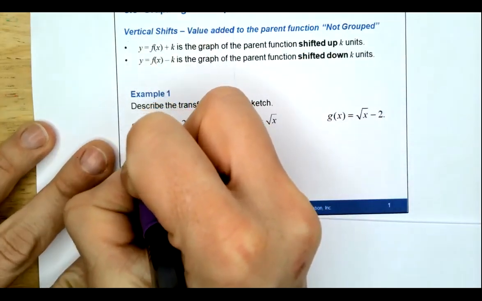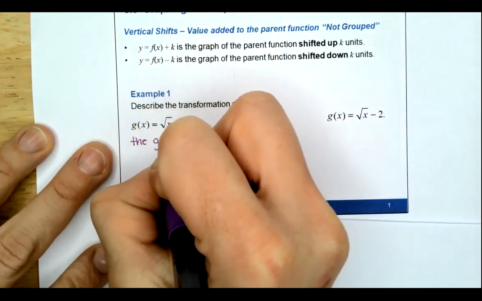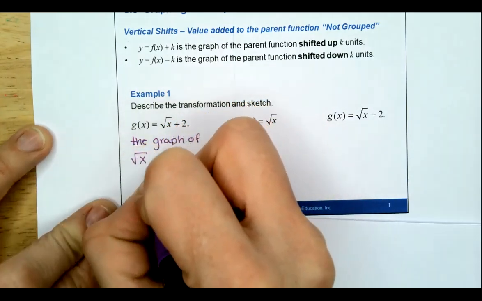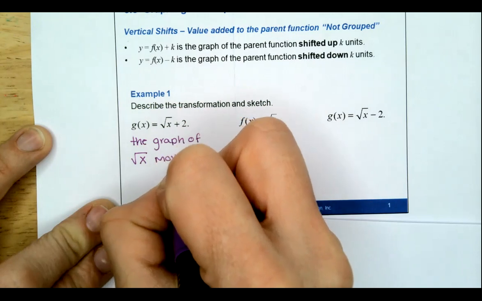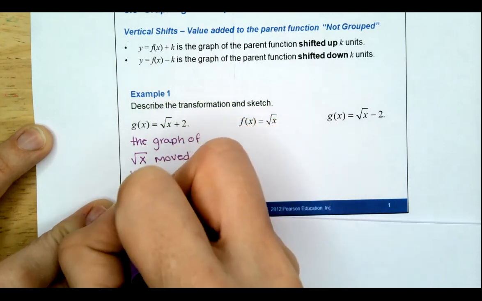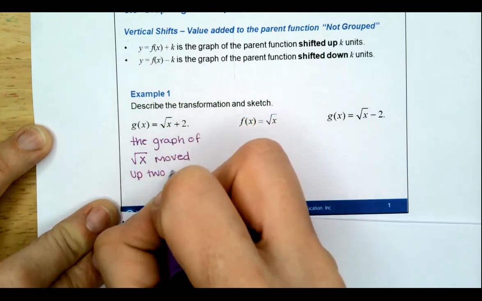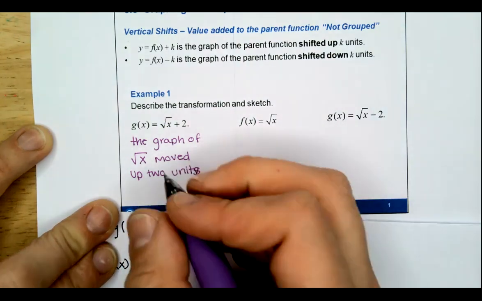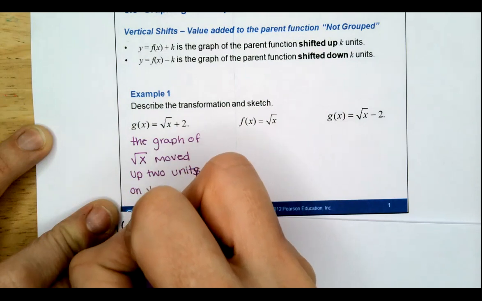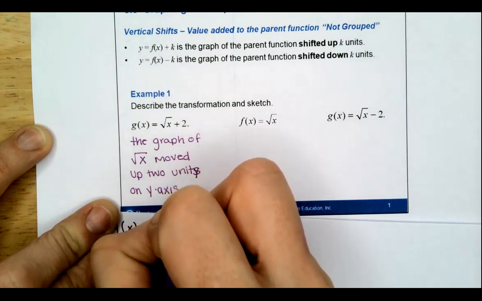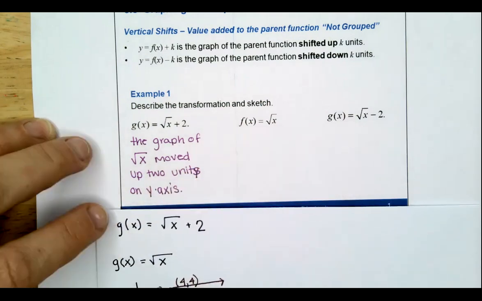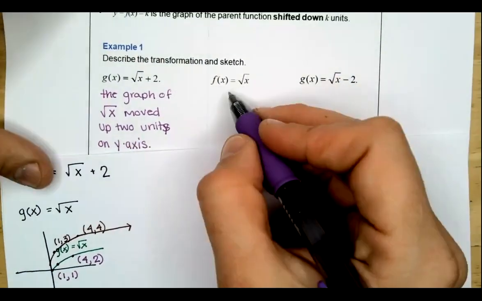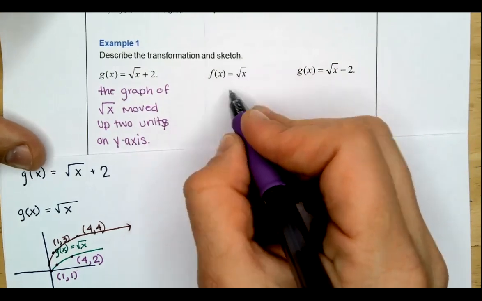The graph of the square root of x moved or was transformed up 2 units on the y-axis. Good. All right, f of x equals the square root of x. Sorry, I guess I should have started in the middle. This is just the parent function.